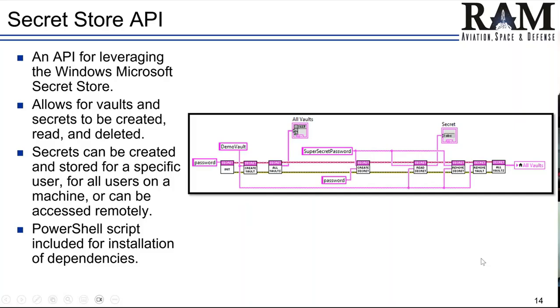So the goal is just to make secret management a little easier. I heard a good explanation of secrets, I think I read it on LinkedIn or something. The worst thing you can do in your code is have secrets like credentials and tokens hard coded into your application.